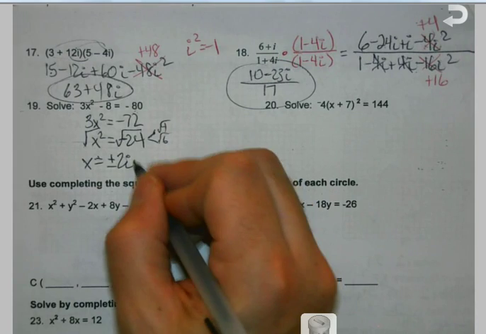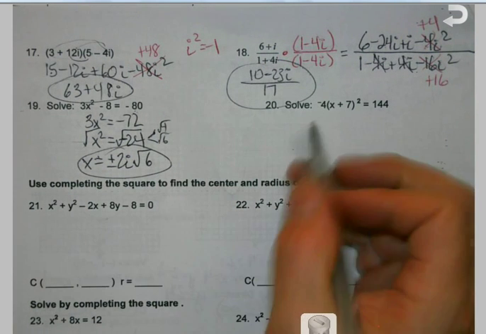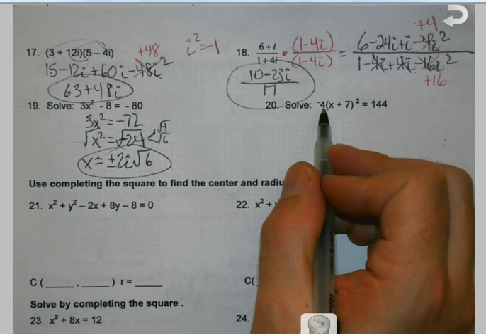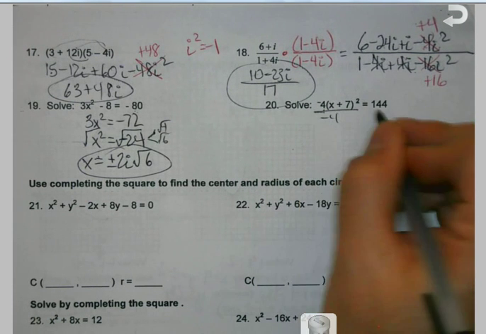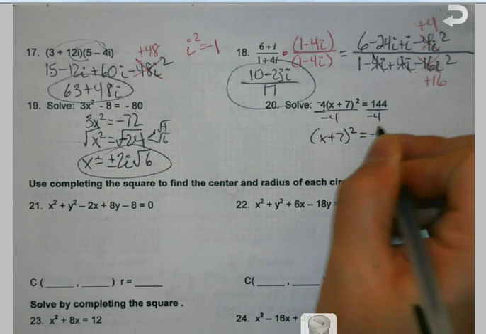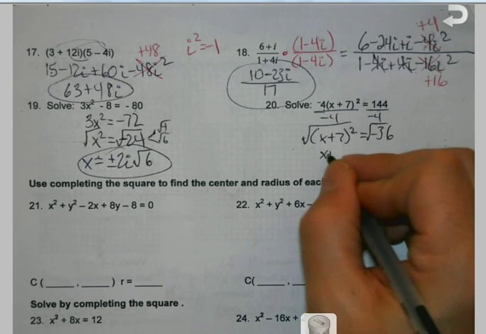But the i pops out when I'm dealing with a negative. Similar to what we did earlier, do not distribute this 4. Do not FOIL this out. Get that negative 4 out of there. Square root it to get rid of the parentheses.